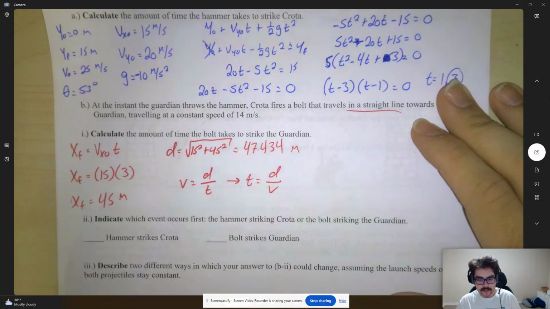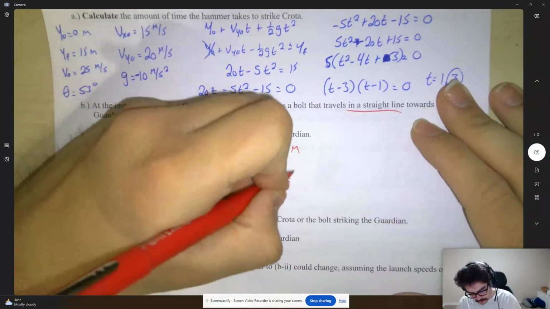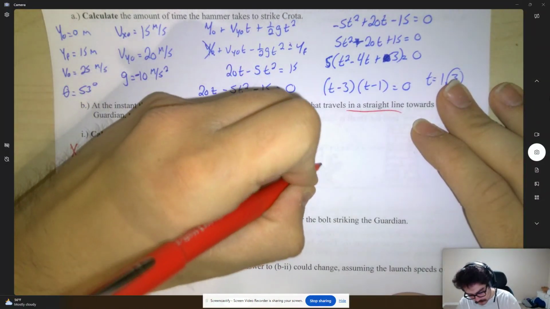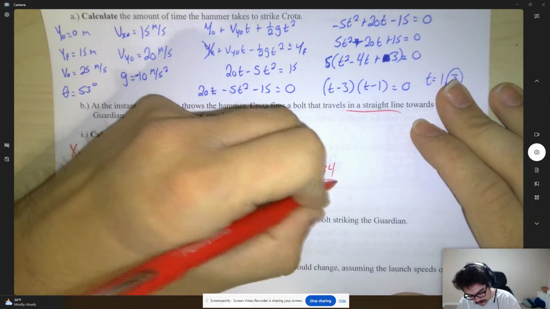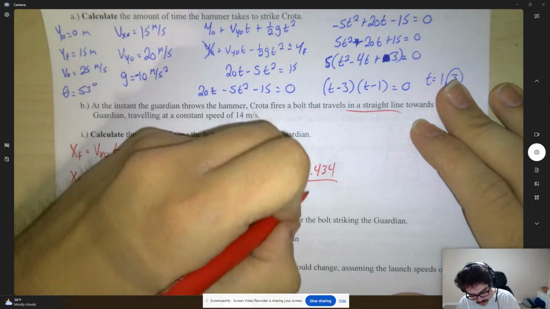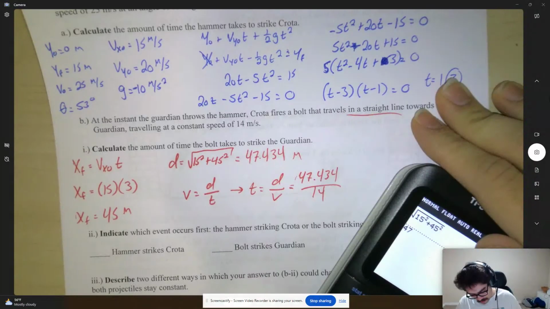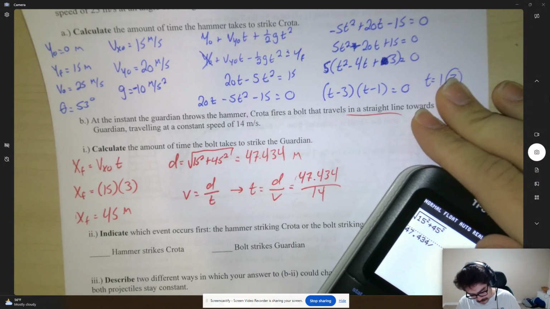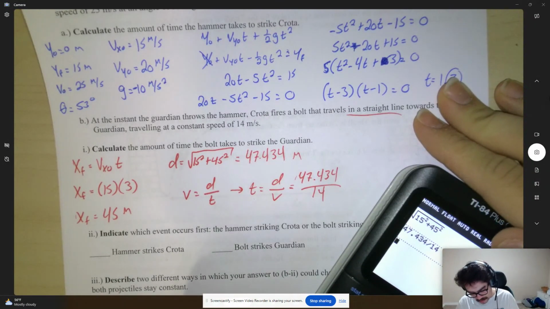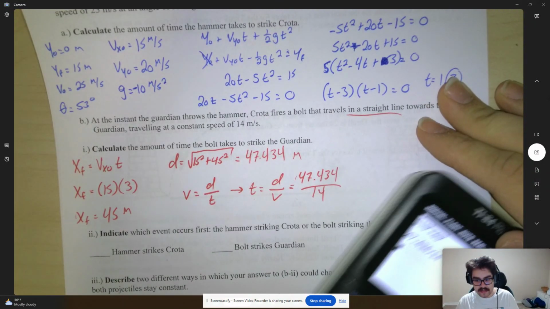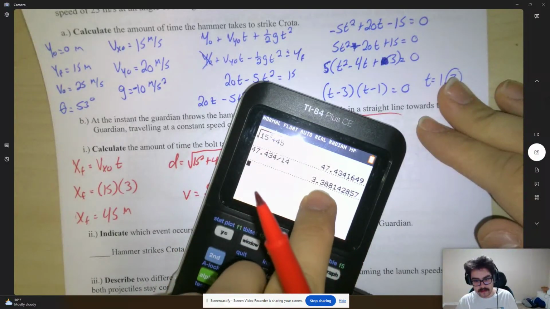That should make sense because your meters will cancel out. So my distance is 47.434. I divide it by my velocity, which is 14. 47.434 divided by 14, and I get about 3.388 seconds. Okay.